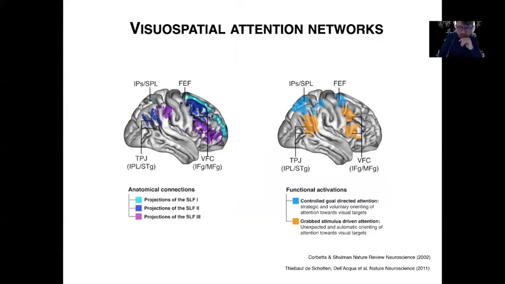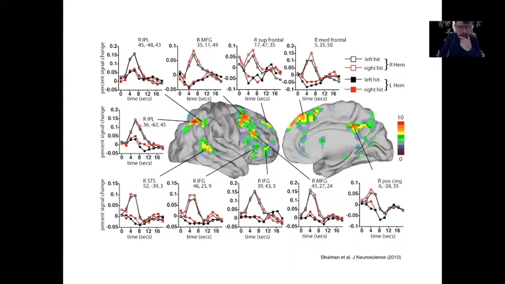Another work from the same group of Professor Corbetta showed that if you compare, a little bit like Professor Mazoyer has been doing, the level of activation in the right hemisphere with the level of activation in the left hemisphere during attention tasks, you will have more activation in the right hemisphere than in the left hemisphere, especially for the ventral attention network.